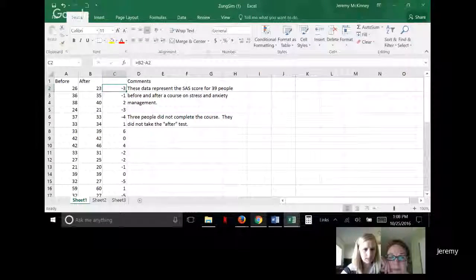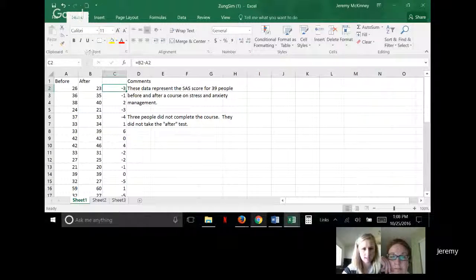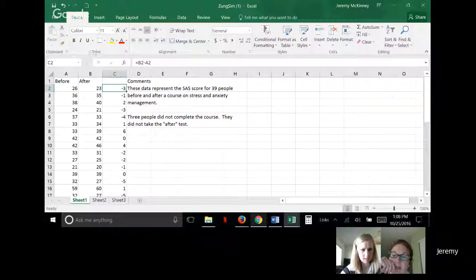I'm going to B2, do B2 minus A2. Enter. And then click on that again, C2. And like Jody was saying, just double click on the square right there.